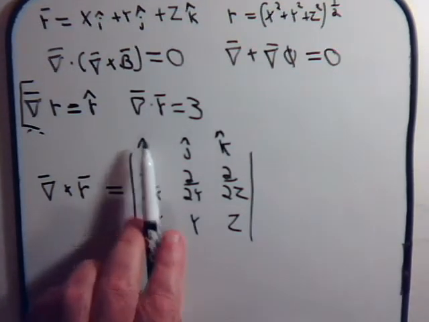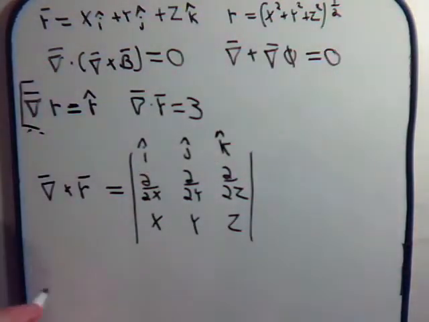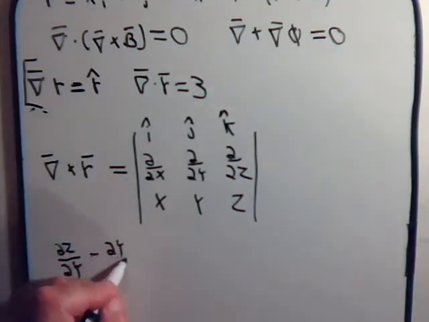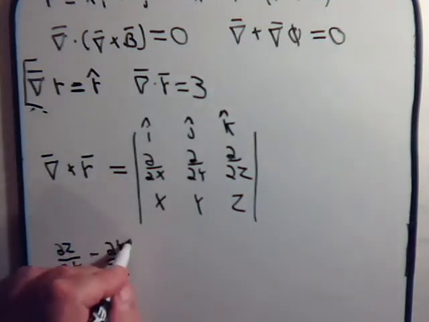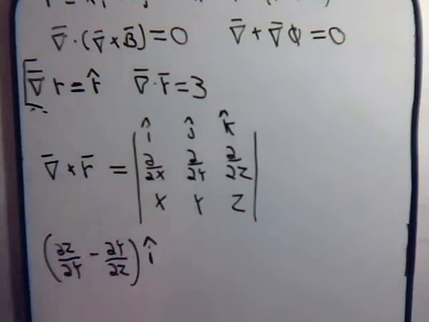So we cover this column, we cover this row, and we're going to get the partial of z with respect to y minus the partial of y with respect to z, and that's the i component. And before we go ahead and expand out the rest of the determinants, let's look at what we have.